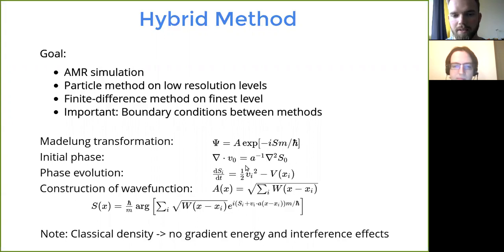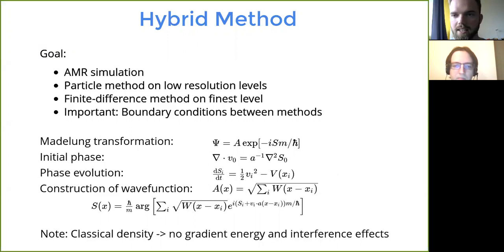This initial phase is given to the n-body particles and evolved in time by this phase evolution. So n-body particles now contain not only their phase space position and mass, but also this additional information of their phase, and it's evolved alongside their trajectories in the phase space.